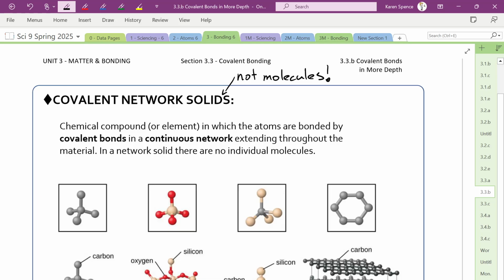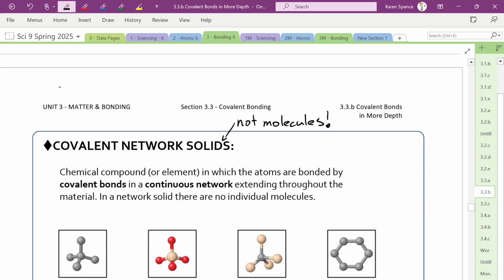We usually get a molecule. Covalent bonding usually makes molecules.